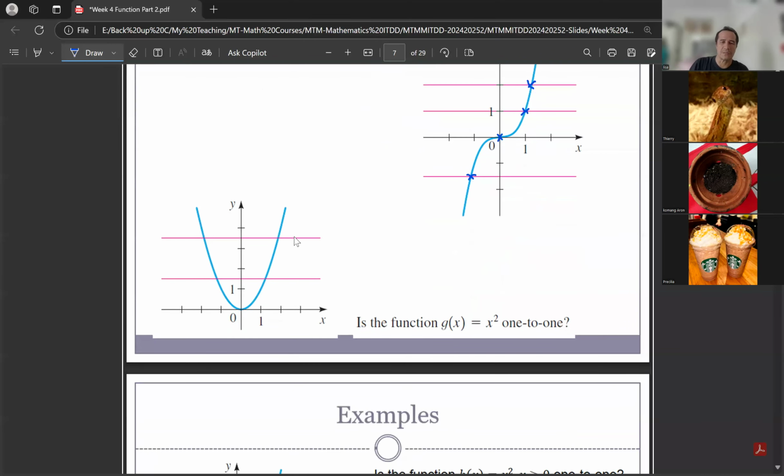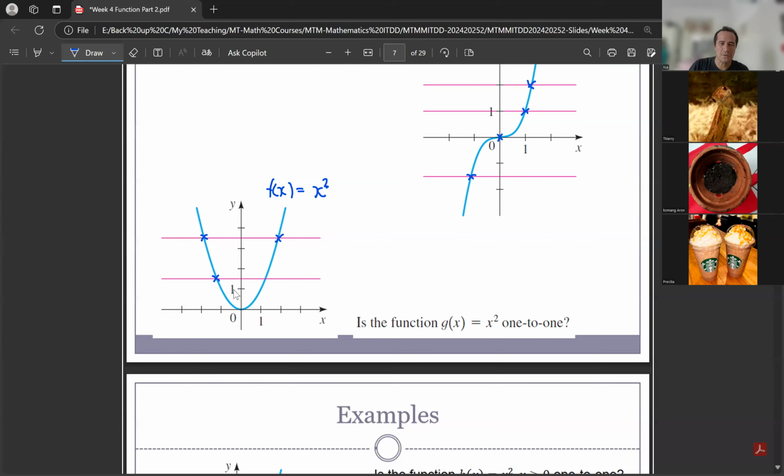And what about this example below? We have a quadratic function, x squared, and the graph of x squared has two intersection points with the horizontal line. Here is the intersection, and also here, so more than one.